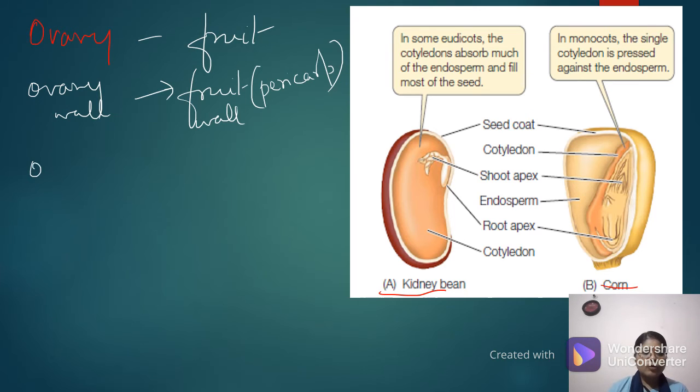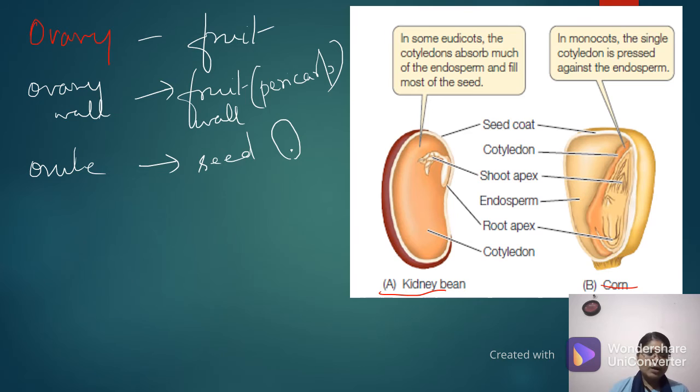Then your ovule changes into the seed. And on the seeds you must have seen an opening, a dot like structure, which is your micropyle, through which the exchange of gases and so on happens. So that is the micropyle region.